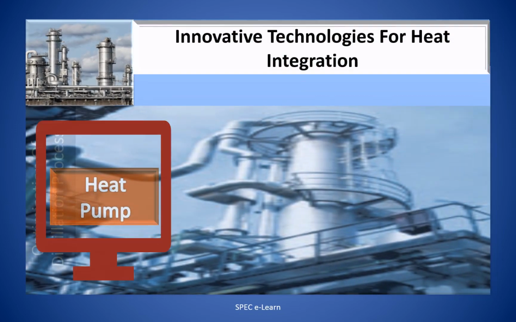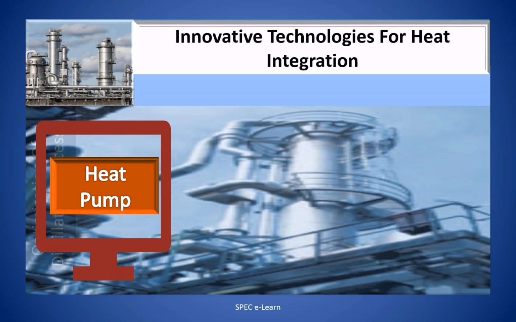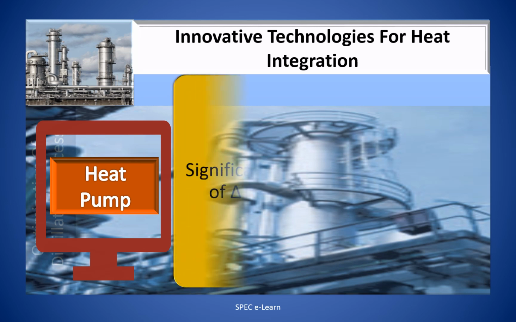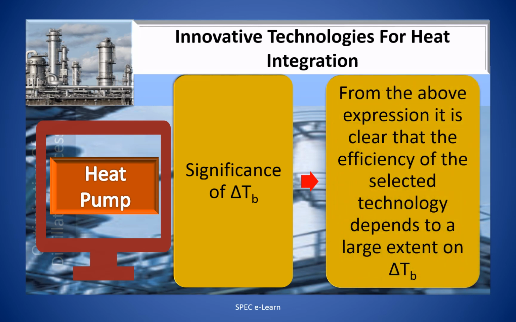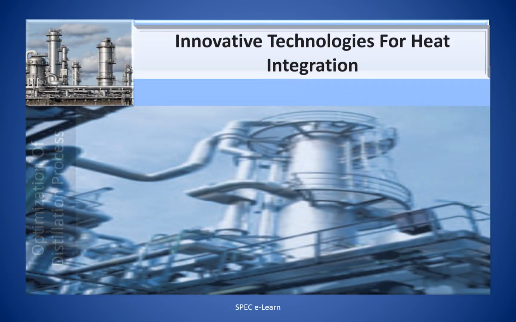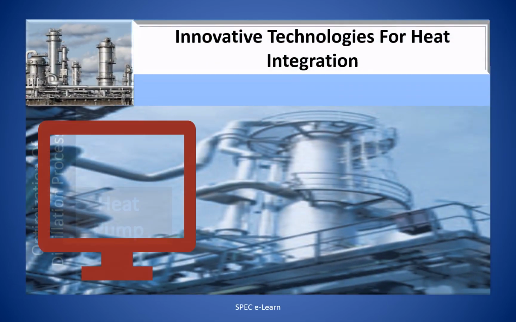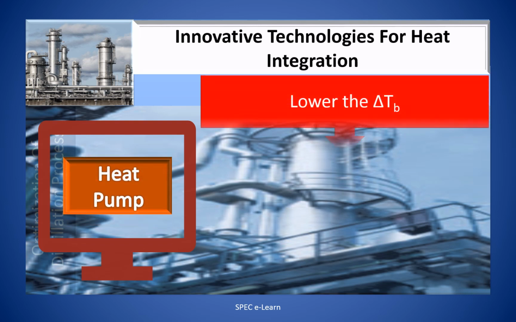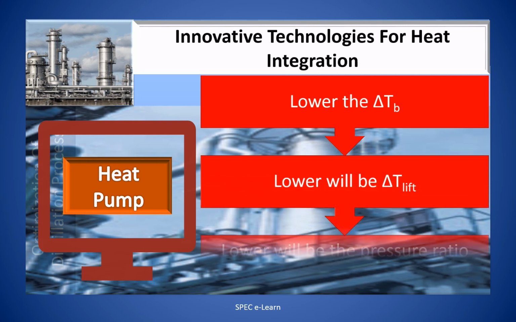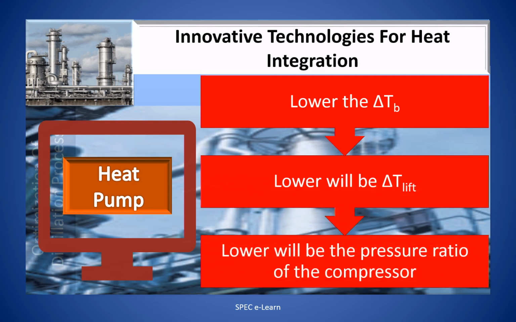The delta Tb is an important parameter in the design of heat pump system. The technology selected depends to a large extent on delta Tb. Lower the delta Tb, lower will be the delta T lift and lower will be the pressure ratio of the compressor.